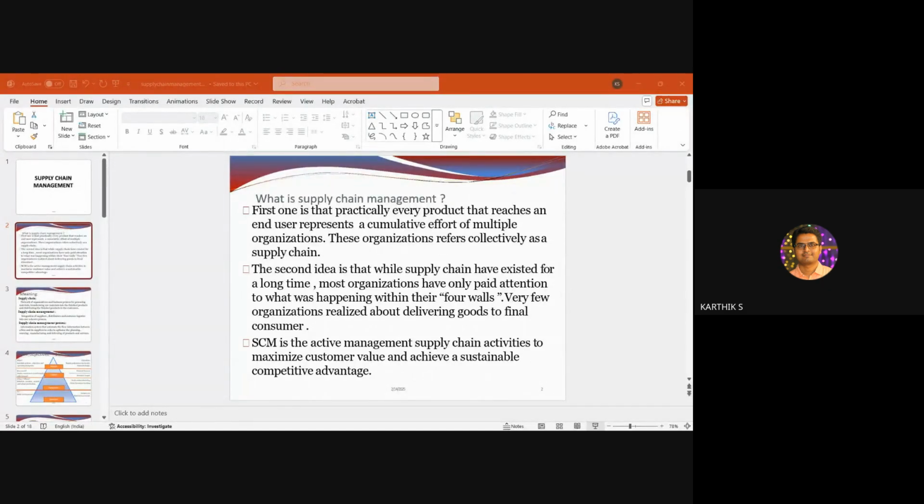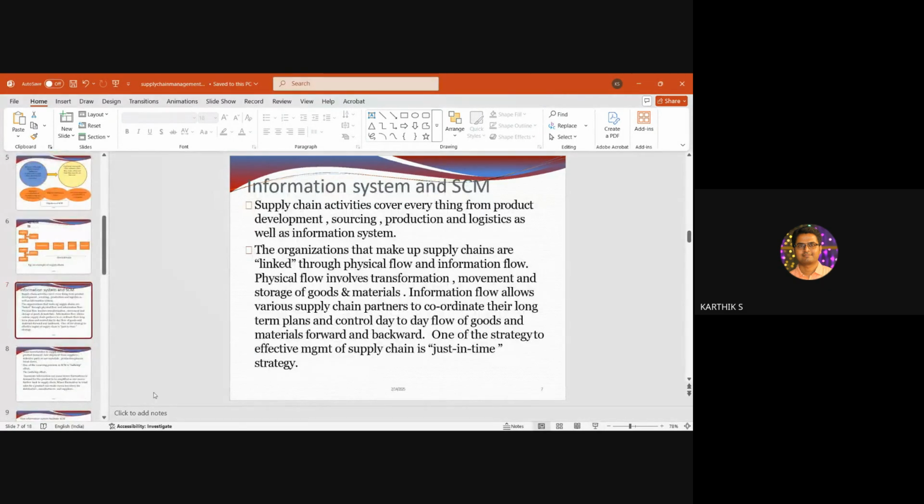Guys, is the screen visible? Is the slide moving or not? Right now it's moving there. Oh, okay. Sorry about that. If the screen is not moving, you immediately tell me. Okay, sir. Let me stop presenting and reshare. You can tell me in the middle, okay? Don't hesitate. Okay, sir.